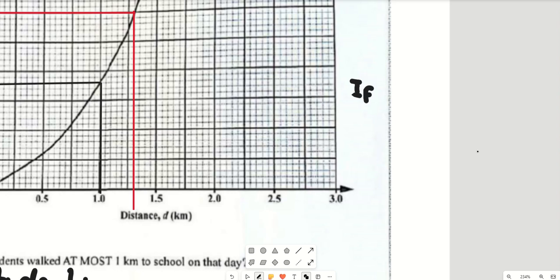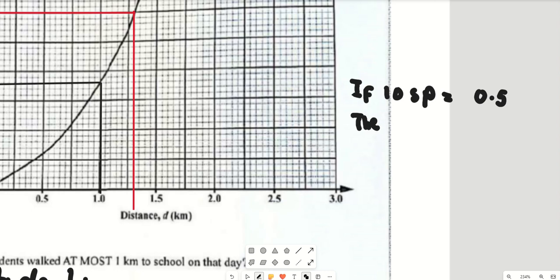if 10 spaces, 10 of these small little squares, right, is equal, what's the difference between 1 and 1.5? 0.5. So if 10 spaces is 0.5, then we want how many spaces? 1, 2, 3, 4, 5, 6, right?